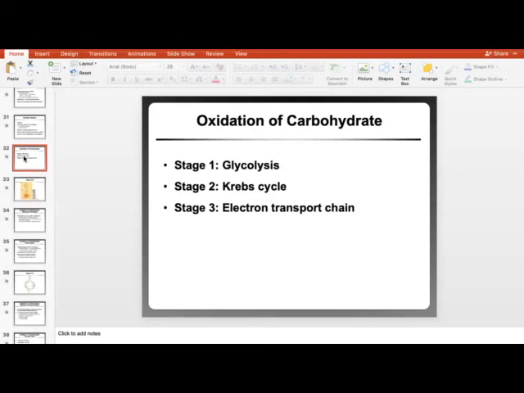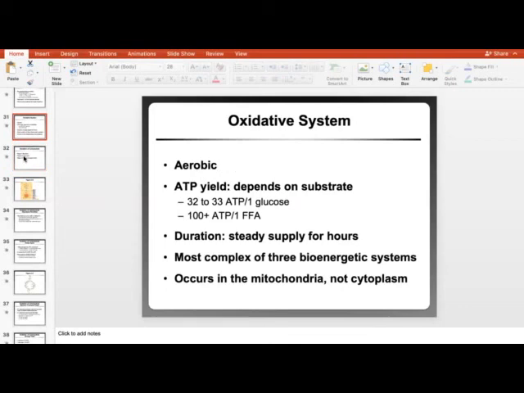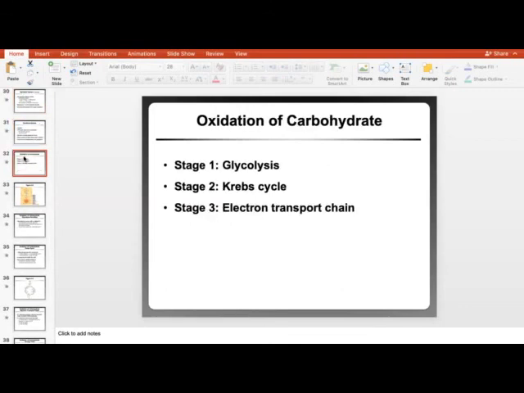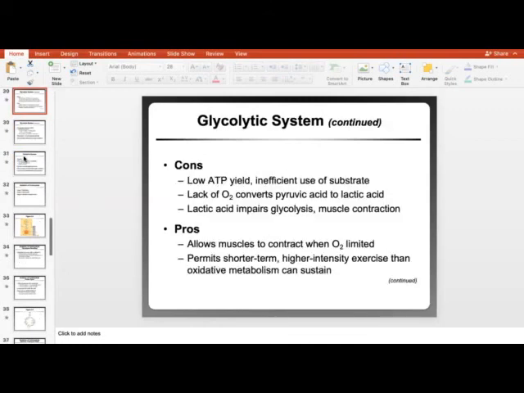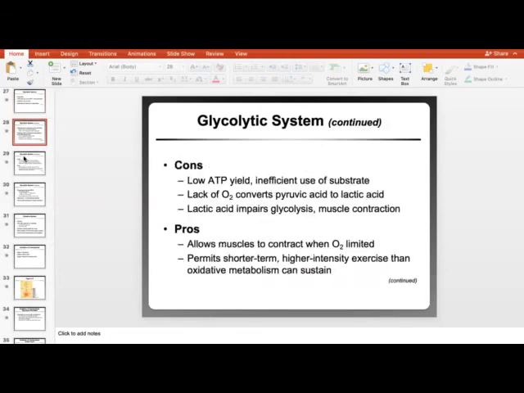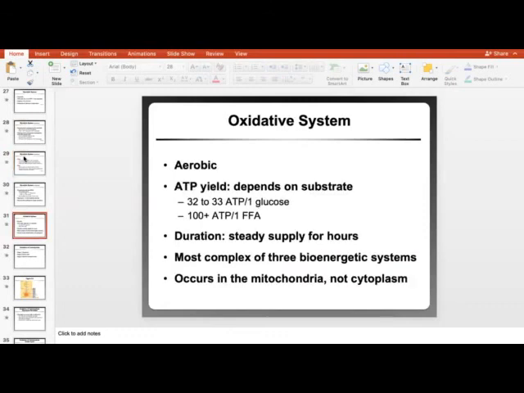So although oxidation and the glycolytic system both use sugar, the glycolytic system is referred to as fast glycolysis, the fast breakdown of sugar without oxygen. And this oxidative system is sometimes called the slow glycolysis. It's still the breakdown of sugar, but it takes a lot longer, because you have to go through the Krebs cycle.